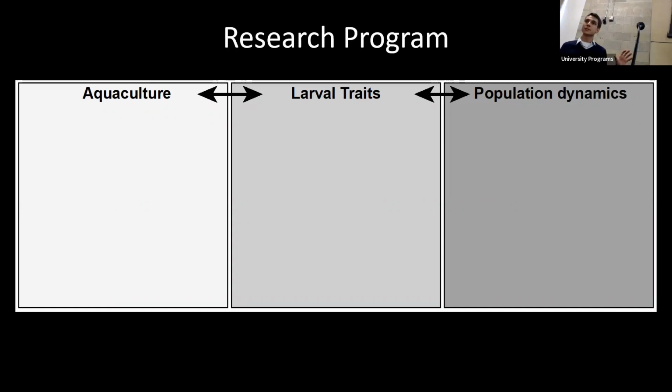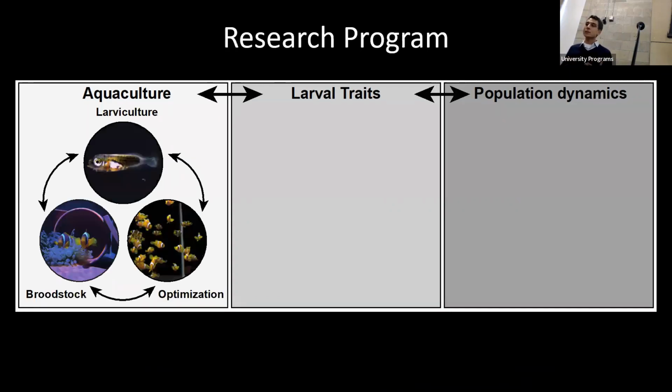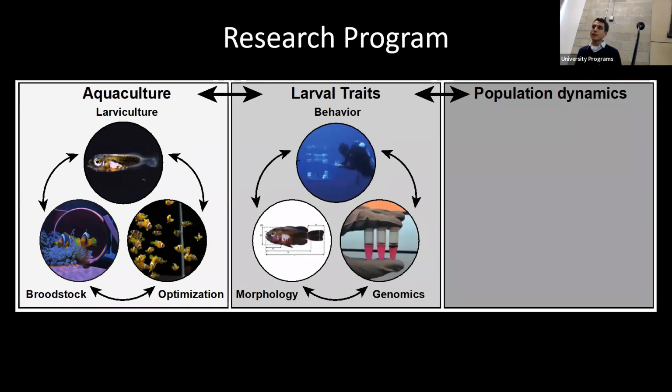Okay, so in my research, I have found ways to combine these skill sets to address three main research topics. That starts with developing and optimizing aquaculture protocols for coral reef fishes. I work with establishing broodstock, raising larvae, and optimizing how many larvae we can get through to settlement. I then use those lab-raised larvae to study the early life history traits and dispersal traits of coral reef fishes, things like their morphology, behavior, and most recently, we're moving into transcriptomics.